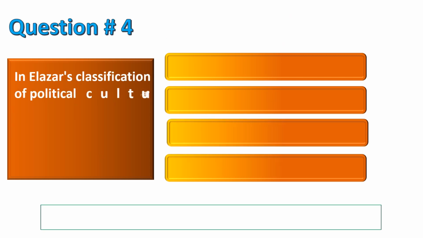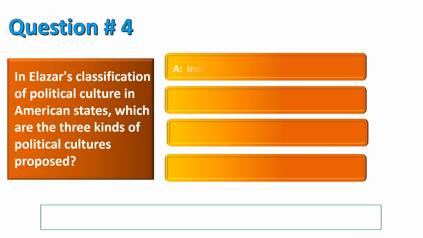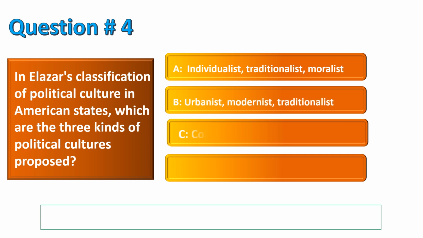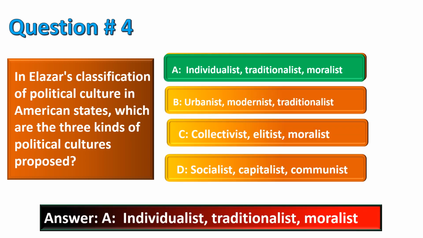In Elazar's classification of political culture in American states, which are the three kinds of political cultures proposed? The correct option is option A, individualist, traditionalist, moralist.